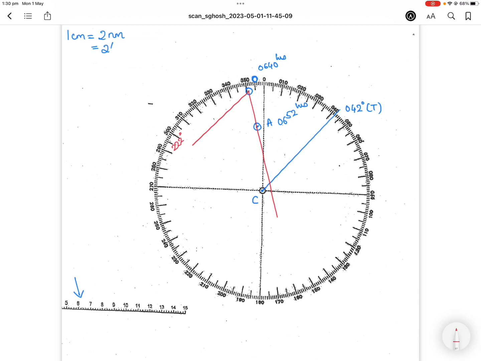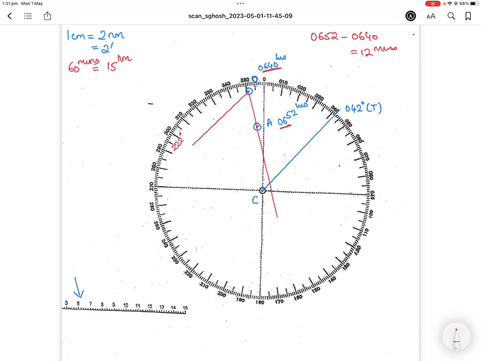Alright, and I know that my ship's speed in 60 minutes is 15 knots, 15 nautical miles. But this plot is for 12 minutes. The first observation was at 0640 and the next observation is at 0652. So 0652 minus 0640 is 12 minutes. This makes it a 12-minute plot.